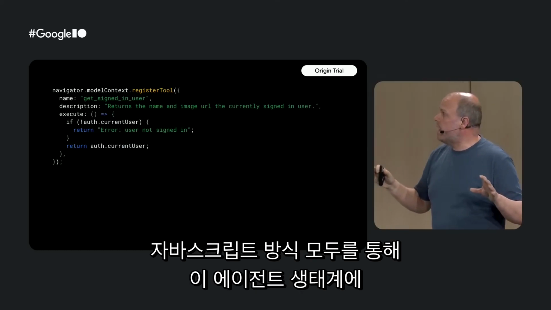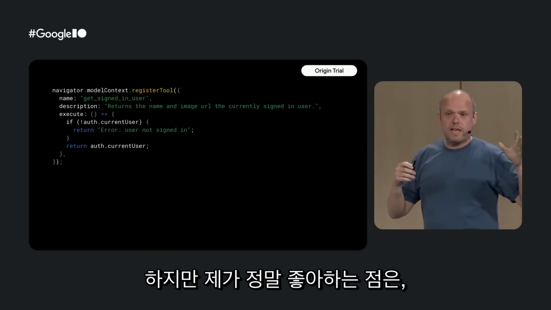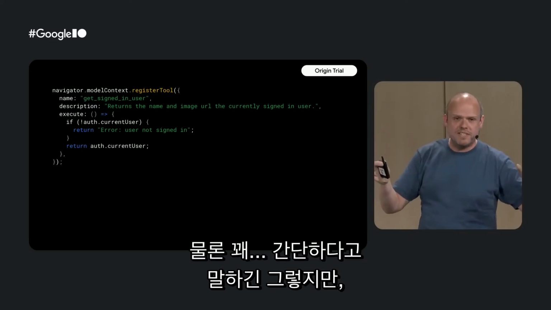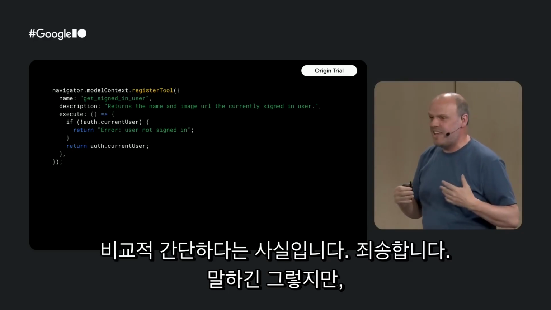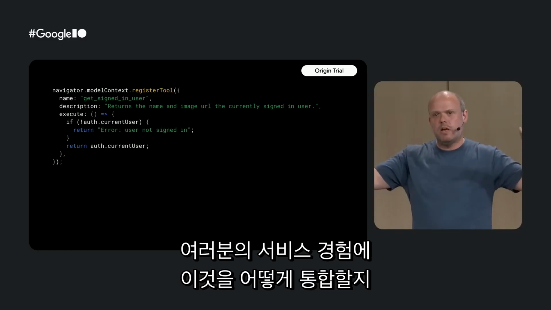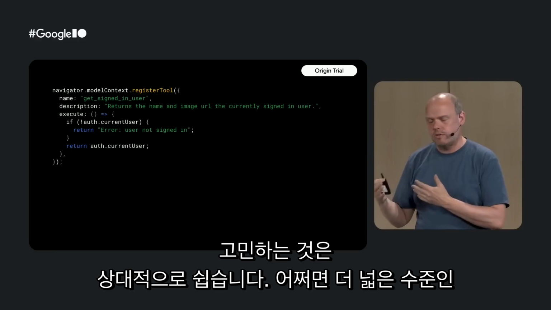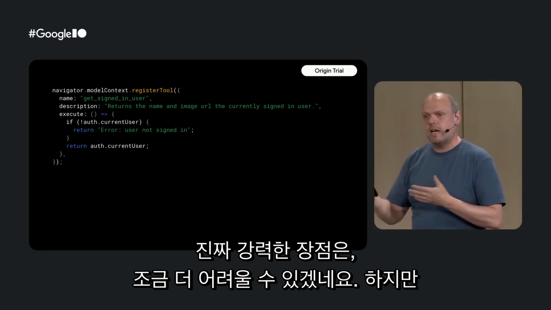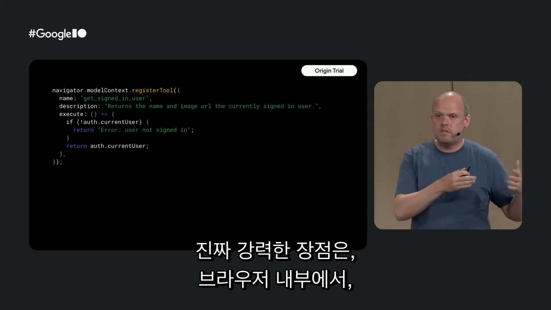But the one thing I really like about this is that it's relatively simple, sorry, to start to think about how to integrate into your experience at a technical level. Maybe at a wider level, about your site architecture, it's a little bit harder. But the real powerful thing about this is because it's running inside the browser, it's running inside the context of where the user is.